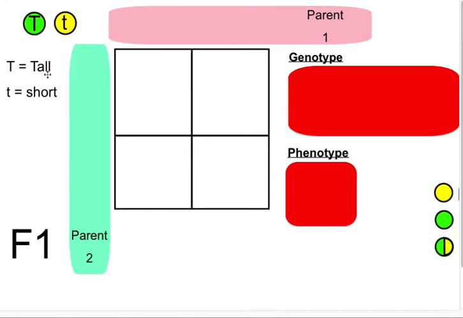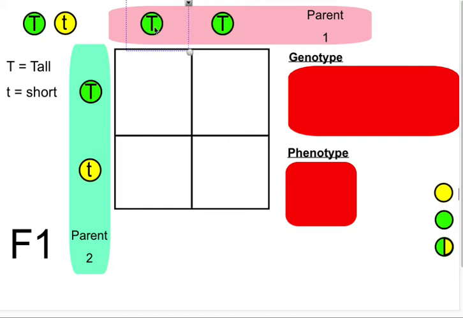So let's start with the parent that we just had, where we had two tall alleles, and in the second parent we had a tall allele and a short allele. Both of these parents would look tall. Does that mean that they can have short offspring? Let's find out.